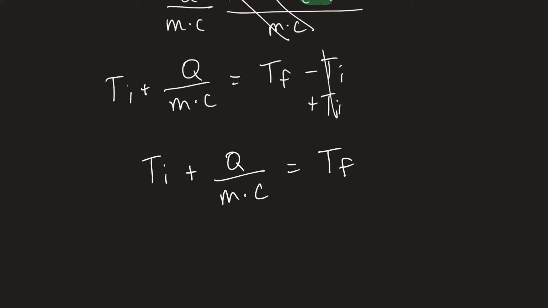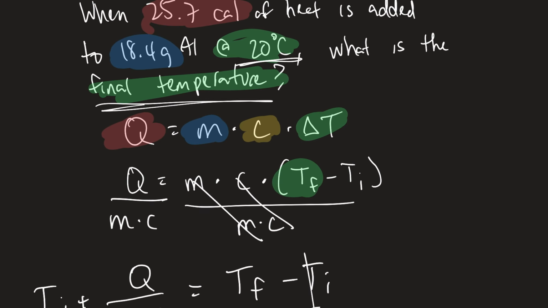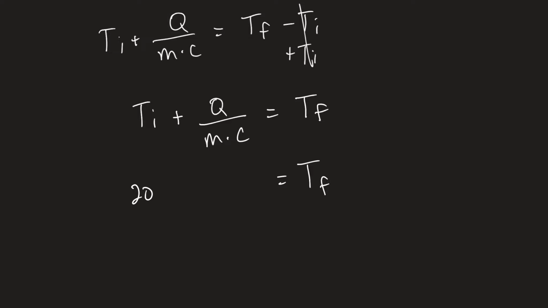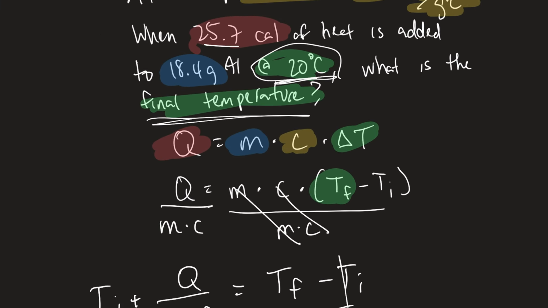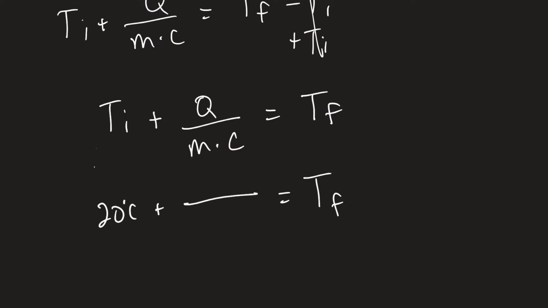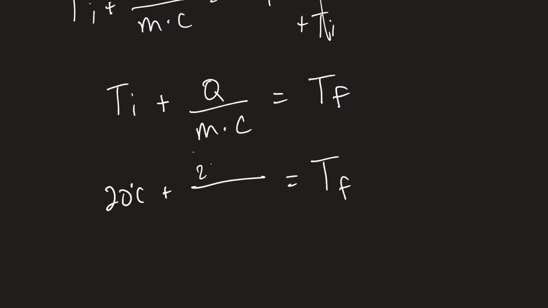All right, so let's go ahead and plug in these numbers accordingly. My final temperature is going to be, it tells you that your initial temperature from this problem is 20 degrees Celsius. So I'm going to write 20 degrees Celsius plus my Q, or my energy, which is 25.7 joules. Not joules, calories.